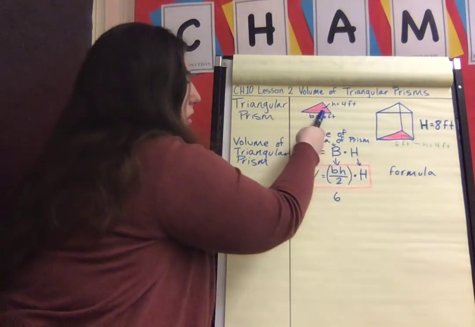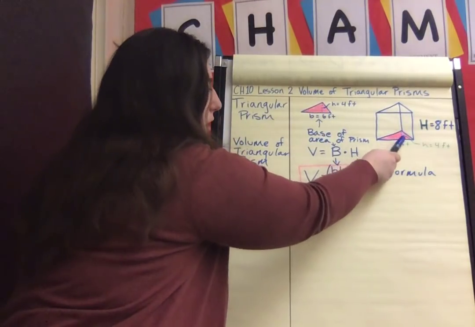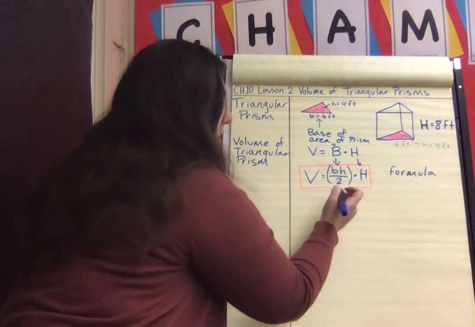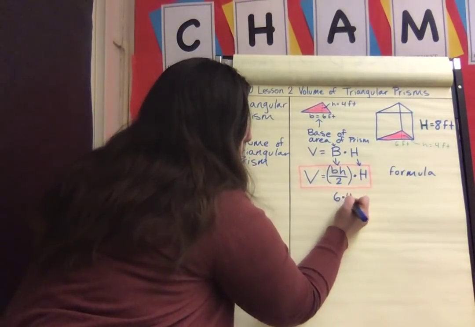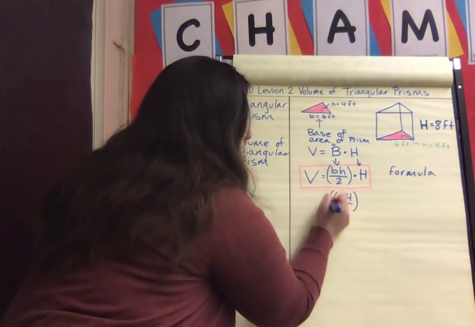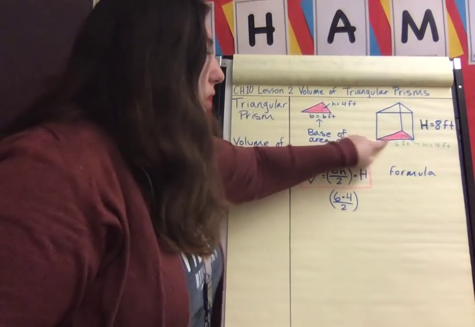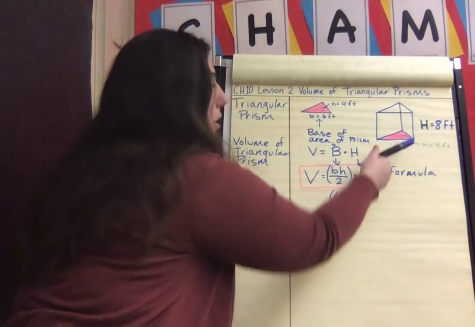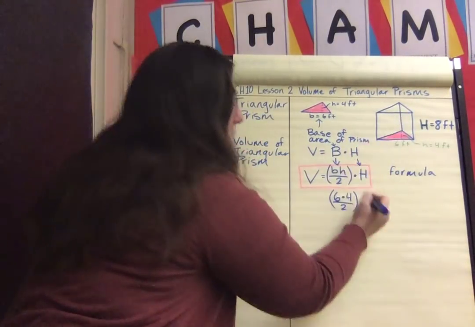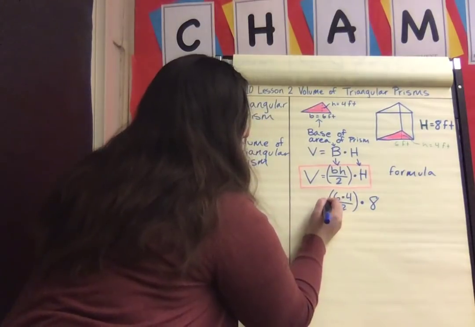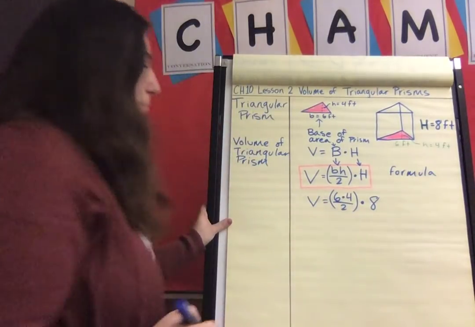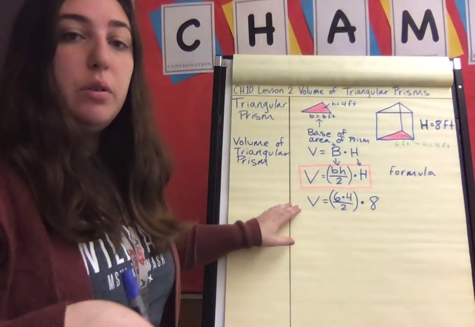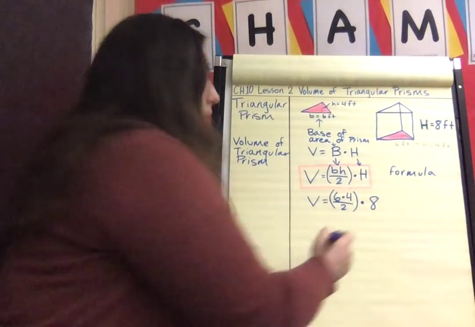I know the height, it's 4 feet, and I'm getting these values, it's the same over here. So 6 times 4 divided by 2, I'm finding the area of this base, okay, times our height. And our height is going to be this right here, which is 8 feet. Okay, now I'm just going to go through and do my calculation. So this is the work.